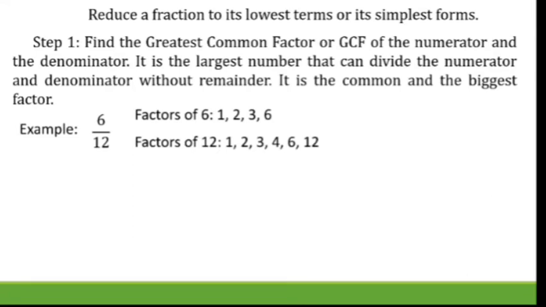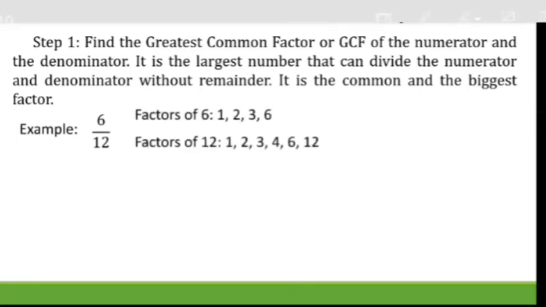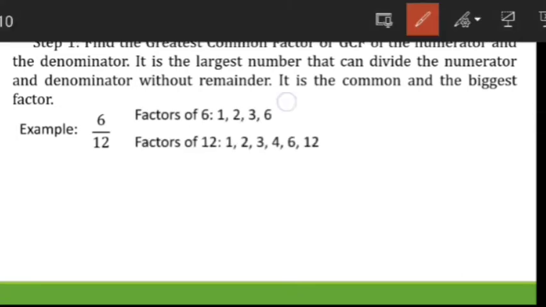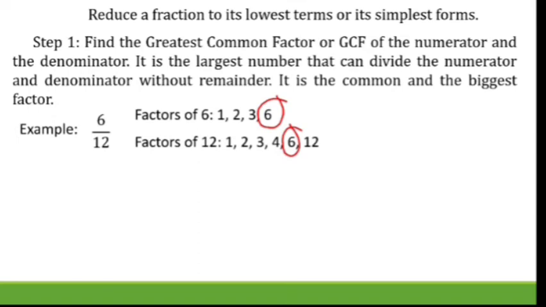So, as you can see, ano yung common and biggest factor ni 6 and 12? Siyempre, si 6. Ito yung common and biggest factor ni 6 and 12. So, therefore, the GCF is 6.